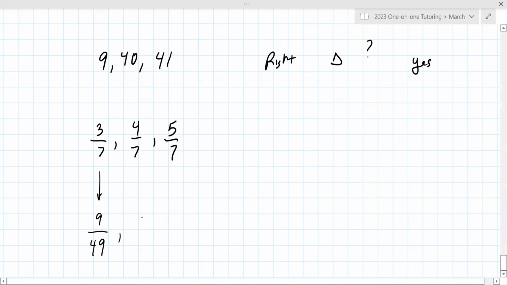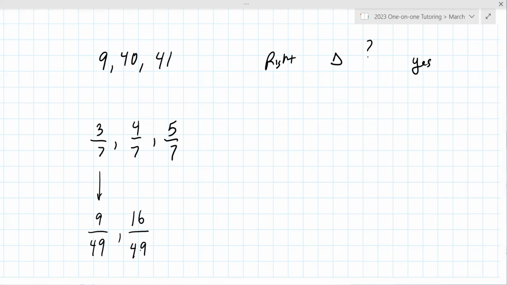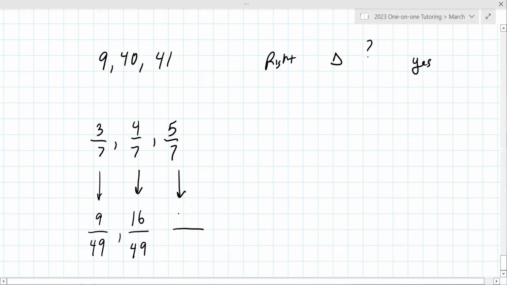That's going to be 16/49ths. Okay. How about the last one? Oh wait, it could be. Wait, then what did I mess up? Do the first two add up to the third? Yeah, they do.